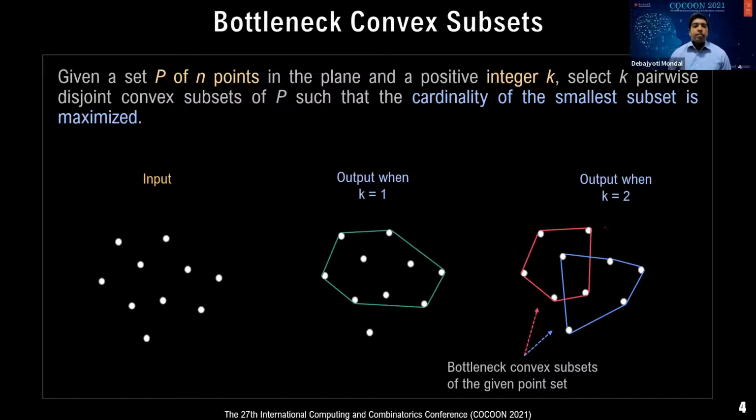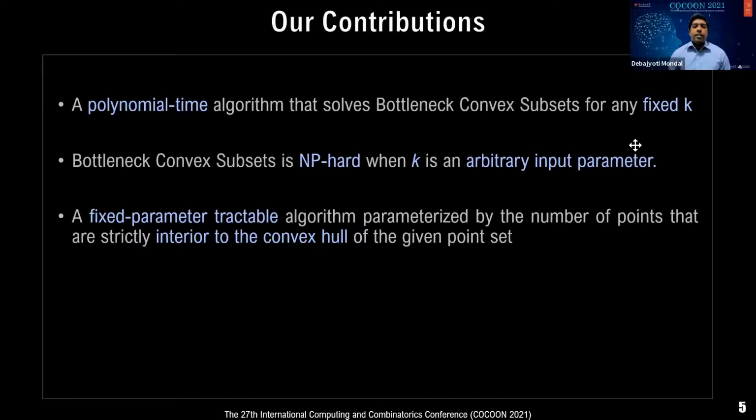So again, the problem input is a set of n points and an integer K, and the task is to find K pairwise disjoint convex subsets of the input point set such that the cardinality of the smallest subset is maximized. Our contribution in this paper is a polynomial time algorithm to solve this bottleneck convex subset problem for any fixed K. We also show that if K is an arbitrary input parameter, then the problem is NP-hard.